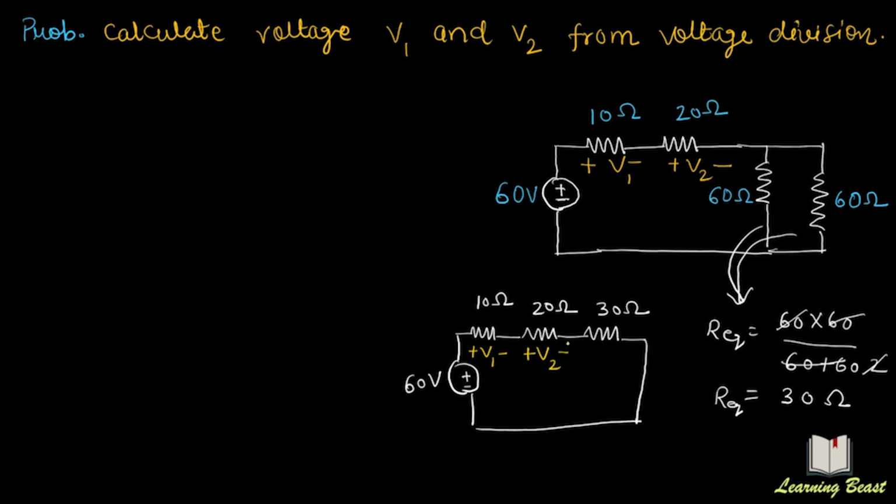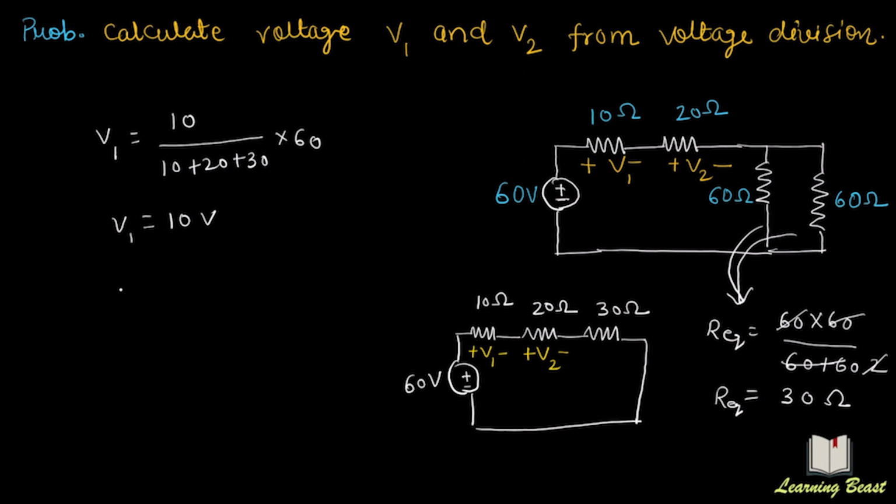Now we will apply the voltage division rule. V1 is the voltage across the 10 ohm resistor. So this is equal to 10 in the numerator divided by the equivalent resistance 10 plus 20 plus 30, into the supply voltage, that is 60. So this is equal to 10 volt.